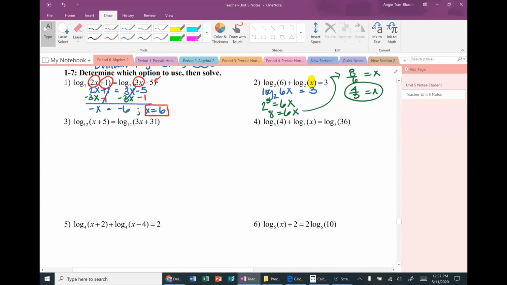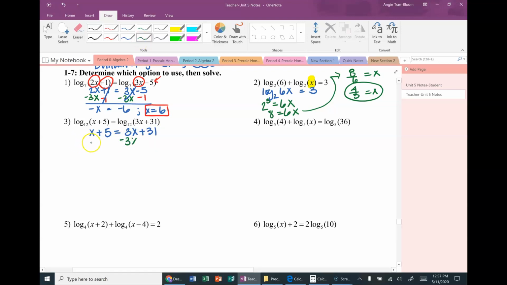Number 3, log base 12 of x plus 5 equals log base 12 of 3x plus 31. You have 1 log on each side. You can drop them. You may only drop them if you have 1 log on each side. So now, if you drop the logs, solve for that regularly.